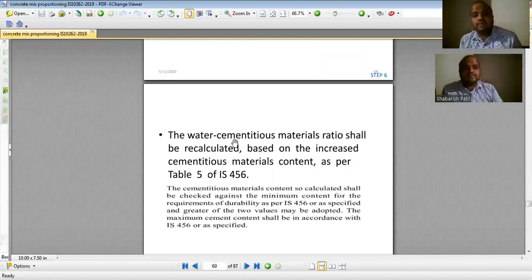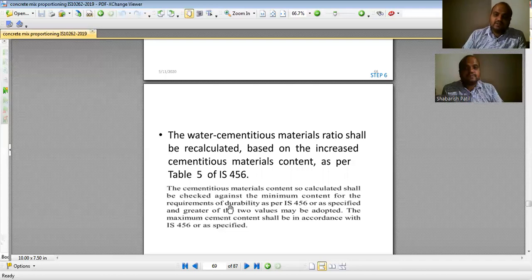Once we have this, the water cementitious materials ratio is supposed to be recalculated. I had water, now my cementitious material has changed because I have increased it by 10%. Then you have to recalculate the water cement ratio, and check this value with the permissible value in Table 5 of IS 456.